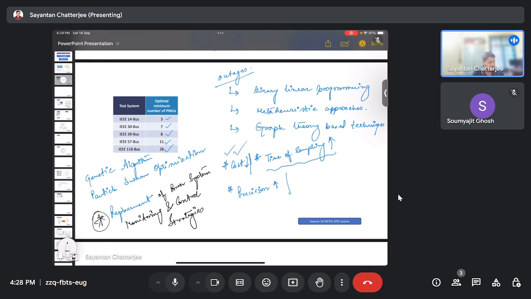Nowadays, alongside these PMUs, the RTUs which are already present in the system are used as well. If, in this case, the 57 bus system needs 11 PMUs to be observable, some hybrid techniques include, let's suppose, 50% of this total number of PMUs and mostly RTUs, because they are already there and can't be replaced at one go.